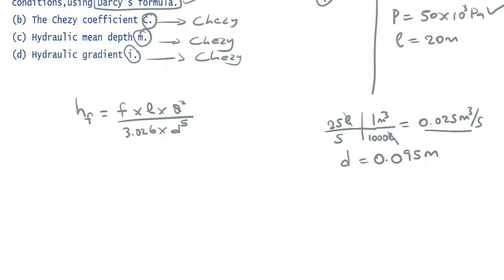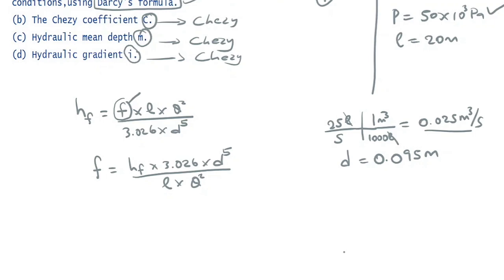We are looking for the coefficient of the friction, then we'll make this F the subject of the formula. F is equal to HF times 3.026 times the diameter to the power 5, all divided by length times the flow rate squared.